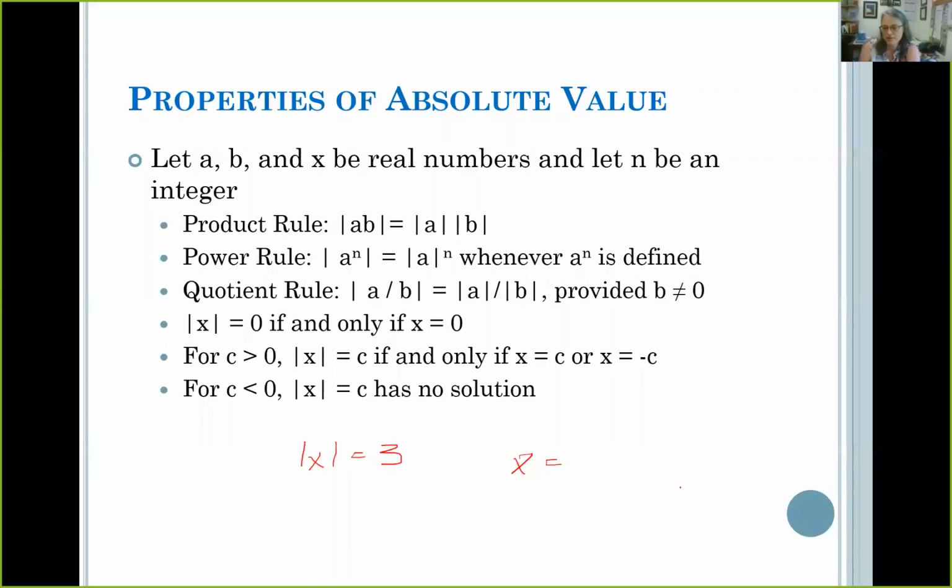So x will equal 3, or x will equal -3. If you've got something like the absolute value of x equals -7, there is no solution to this one, because absolute values are never negative.